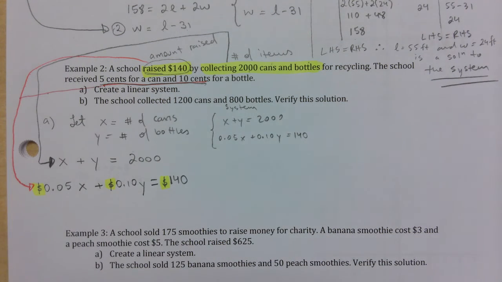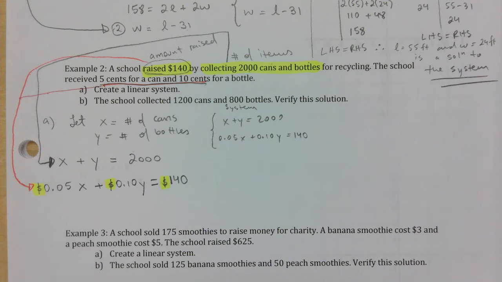They could have added a third one. Let's just put it into perspective. If this continued and said that a can holds 355, I think it's 355 mLs for a can, and a bottle holds 500 mLs, and they collected a combined volume of, let's say, 20 liters, then there's a coefficient for the amount per can and per bottle and how much we collected in total in terms of volume.